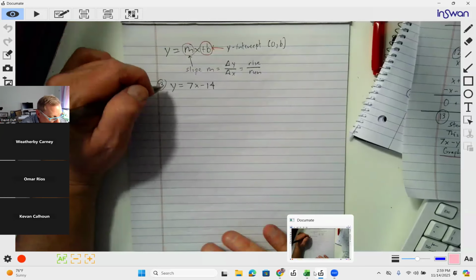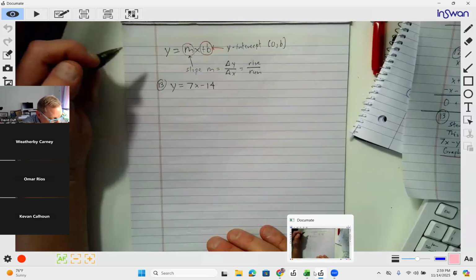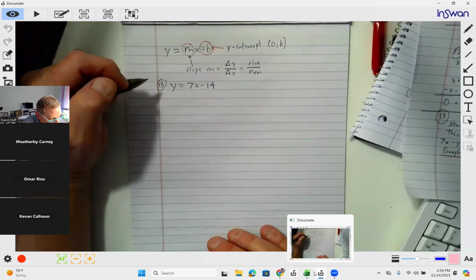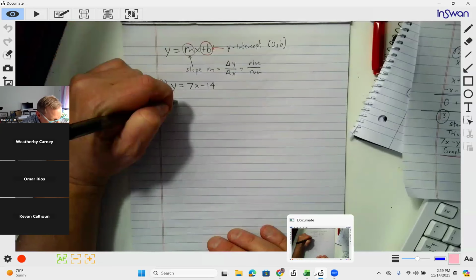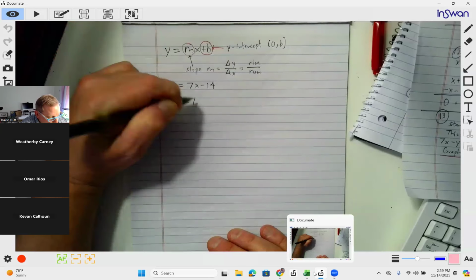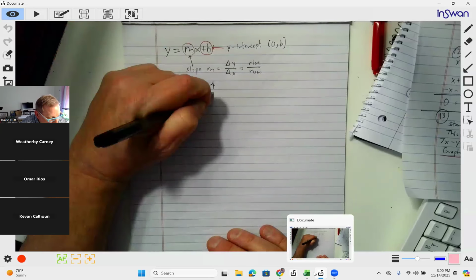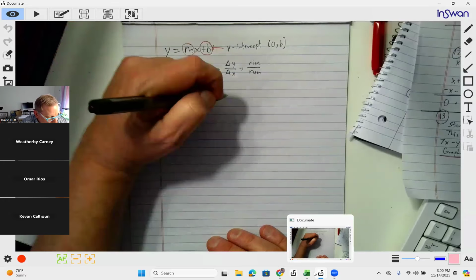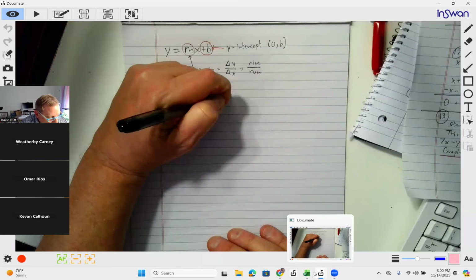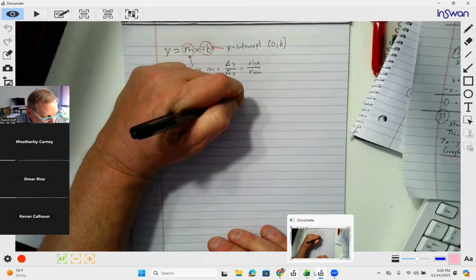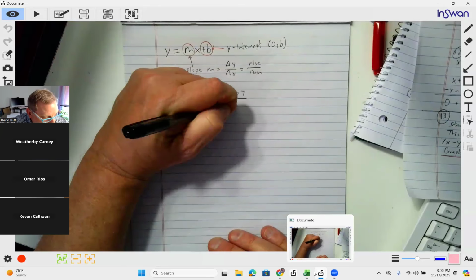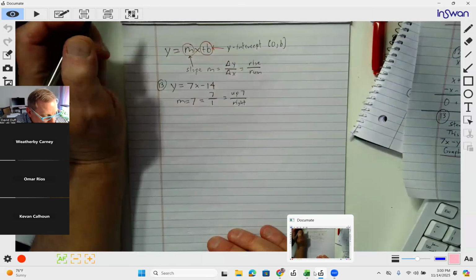So what is my slope in question number 13? 7. Or another way we could say this is it's equal to 7 over 1. And what does that mean? That means up 7, right 1.